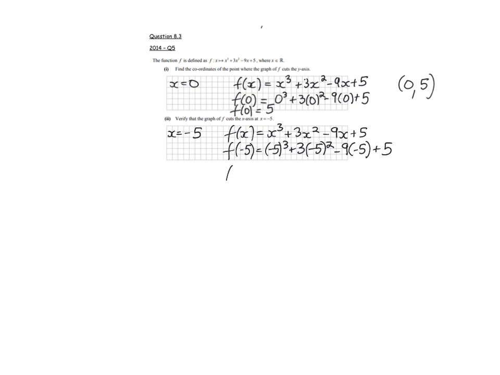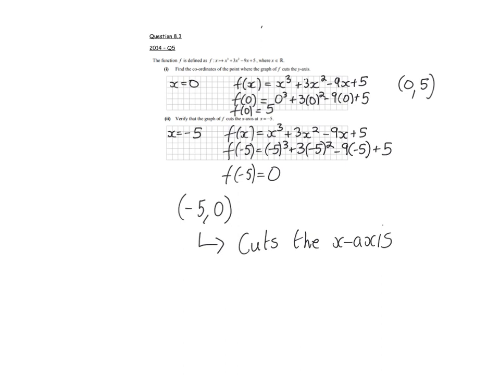And the answer we're going to get then is f of minus 5 is equal to 0. So the coordinate is minus 5, 0, i.e. it cuts the x-axis. So we know that this graph f cuts the x-axis at the point x is equal to minus 5.